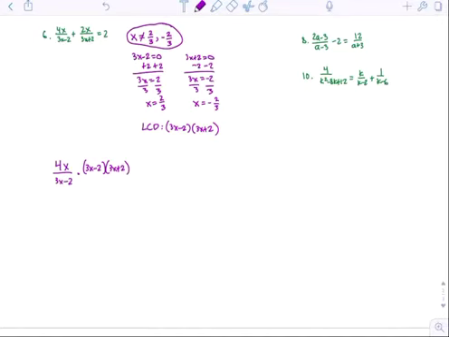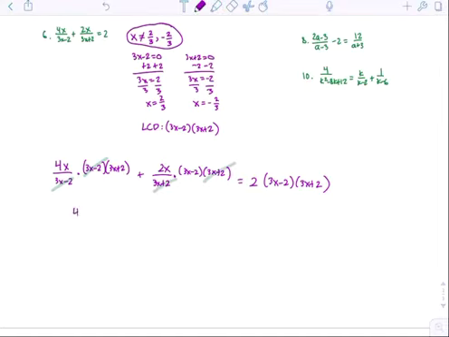So multiplying that part by the LCD, plus multiplying this part by the LCD, and multiplying the last part by the LCD. Showing you a different way on how you could do this. So I see that that cancels with that, this one cancels with that one, and that's about it.